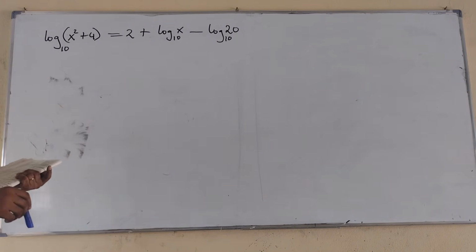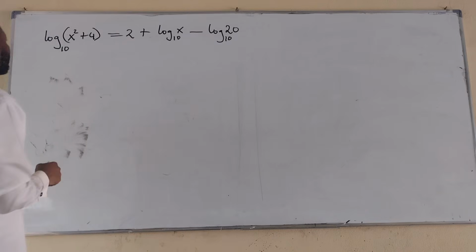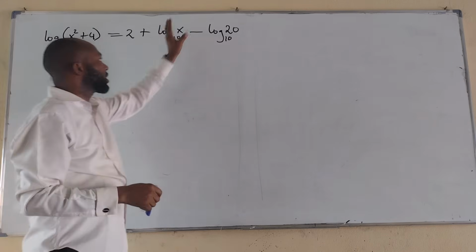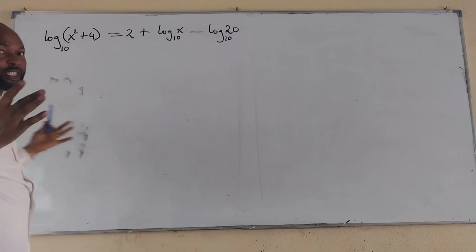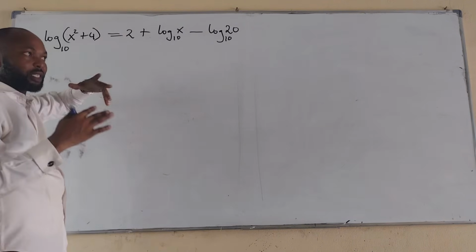Okay, just want to be sure we're correct. From here, this side has a log, there is and there is, but this doesn't, so it has to be introduced. But whatever is being introduced must still maintain the fact that this number 2 is still the same 2.